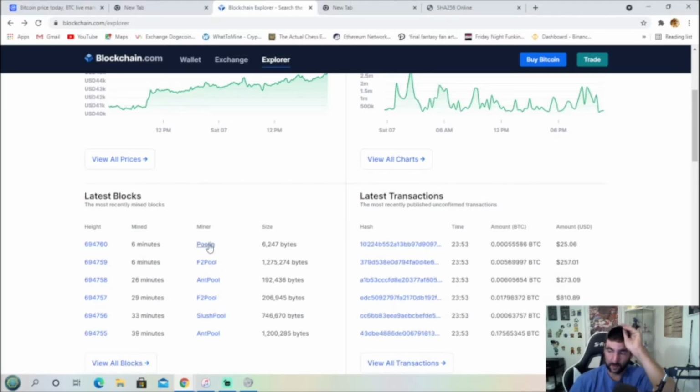And so whoever the miner is, it's usually a pool. Slush pool is the one I mined on. So if I had kept mining, I would have got credit for this block that was found, which rewards you with 6.25 Bitcoin.